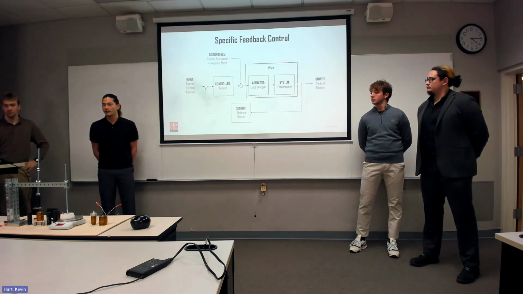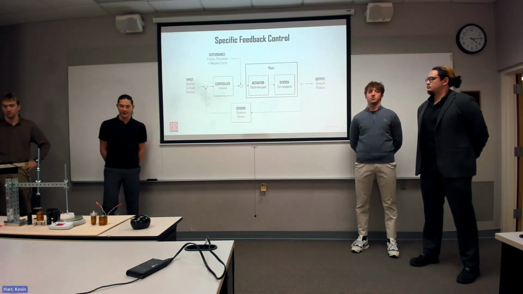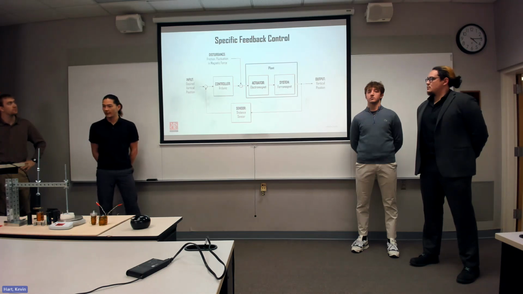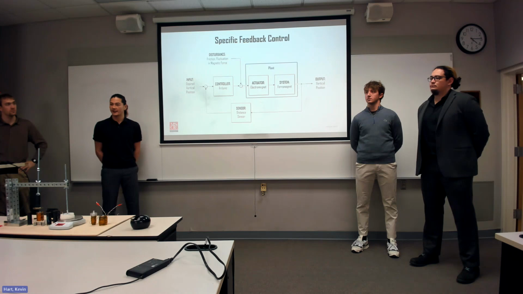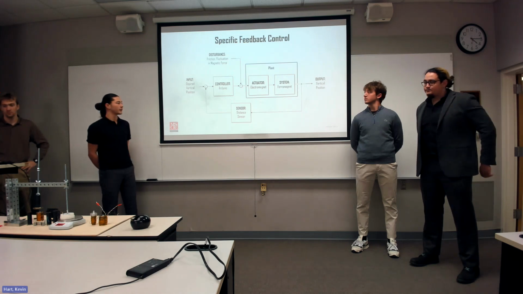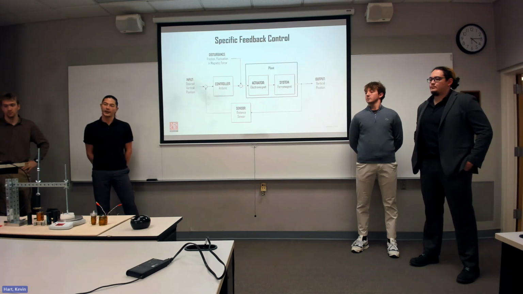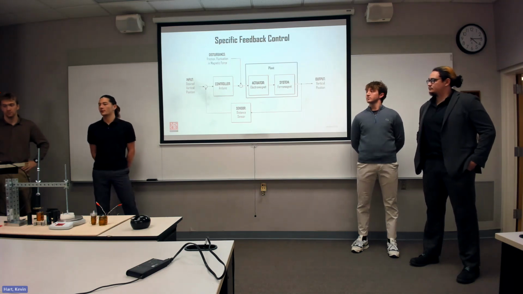If you're unfamiliar with closed loop control, or maybe you haven't taken automatic control systems yet, this is a basic block diagram of what a closed loop control would look like. You have our input. For us, that's our desired vertical position, and our output is the actual vertical position of our ferromagnet. And then using a sensor, we detect that output and then weigh it back against the input. Based on that difference, or that error, that goes to our controller.